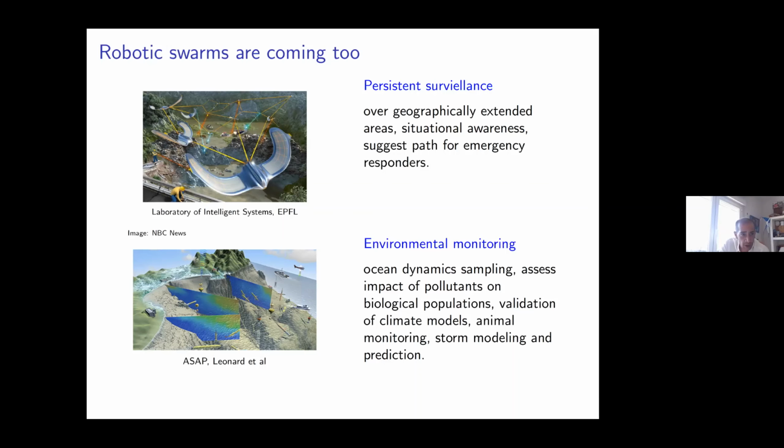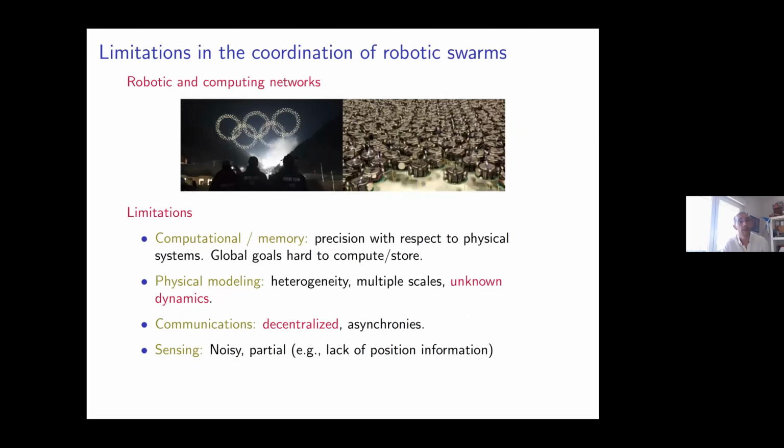Anyway, robotic swarms have some limitations for the coordination of the robots. The main limitations are these ones that I list here: computational and memory. And I will focus on the limitation of the physical modeling, where some dynamics of the system are not known, and we only have partial data of the system, and also the communication problem.